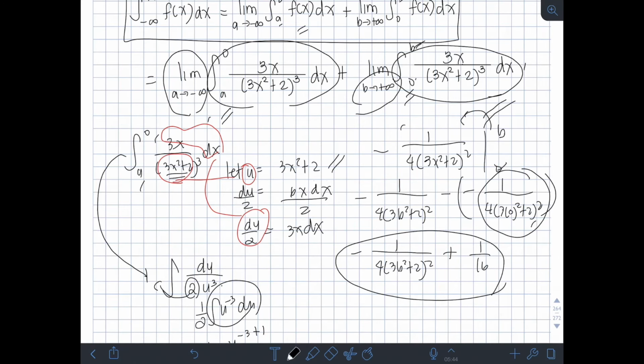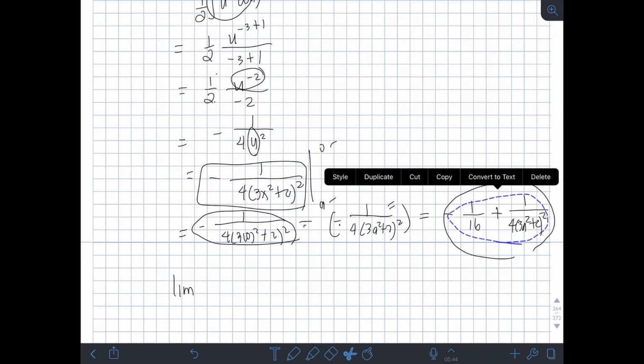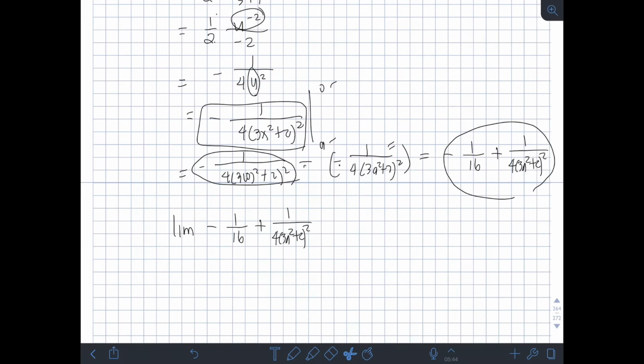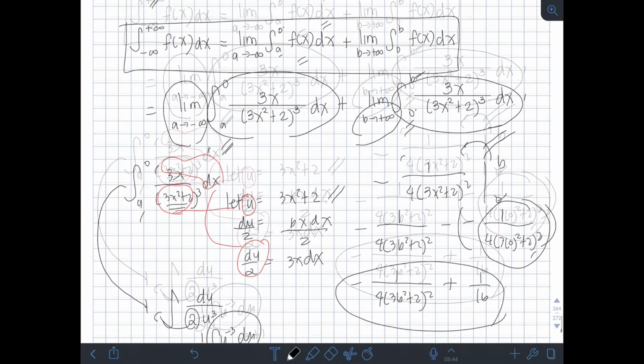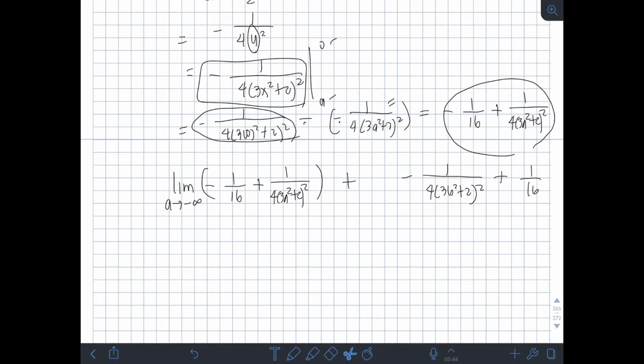So, when we evaluate the limit of the first expression as a approaches negative infinity, plus the limit of the other expression as b approaches positive infinity, we can distribute the limit again, right?